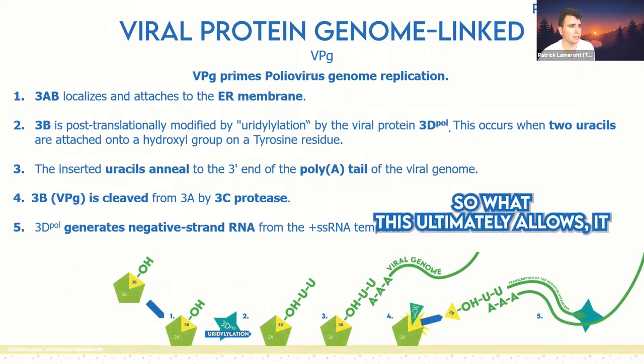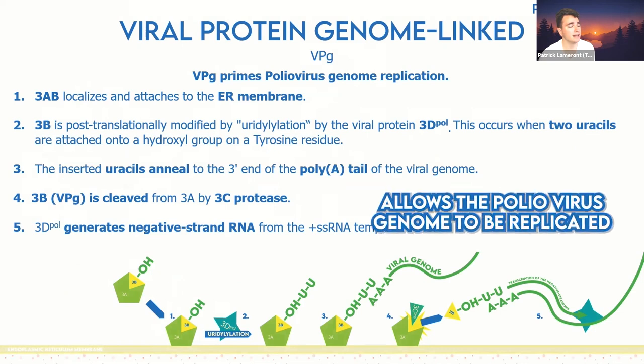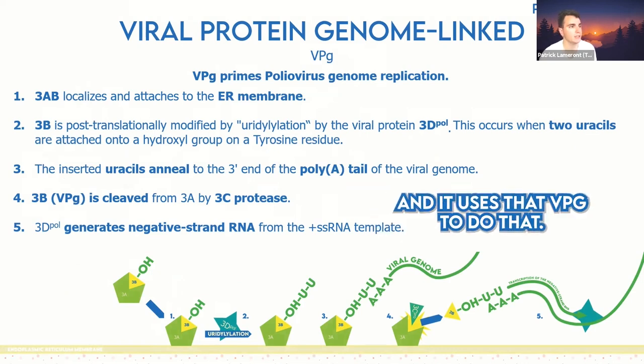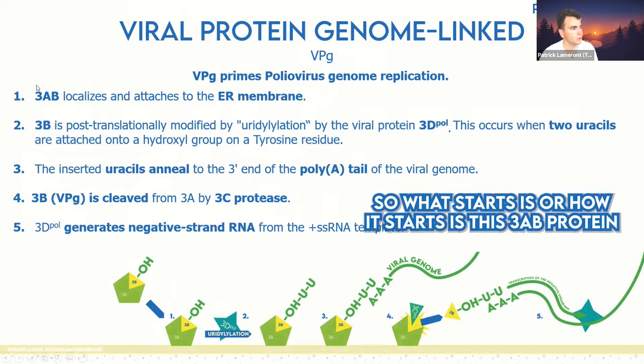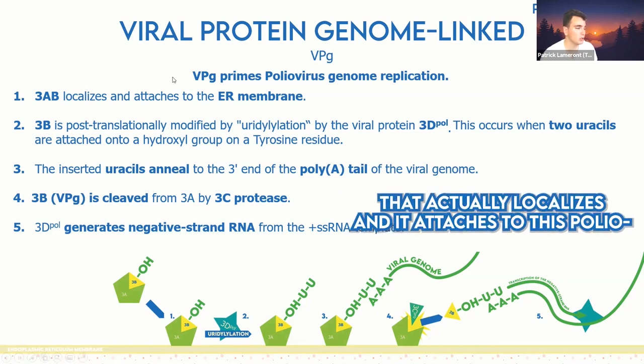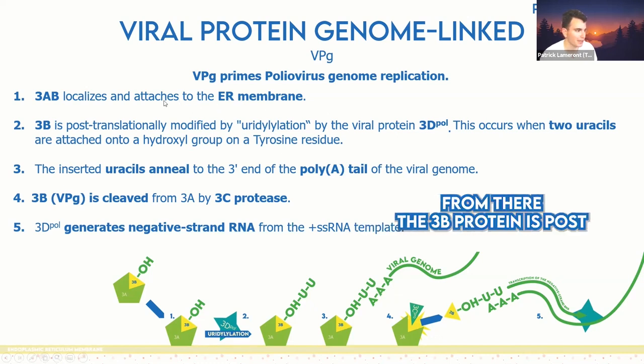So what this ultimately allows is it allows the poliovirus genome to be replicated, and it uses that VPg to do that. How it starts is this 3AB protein that comes from that big polyprotein of poliovirus. It localizes and attaches to this ER membrane.